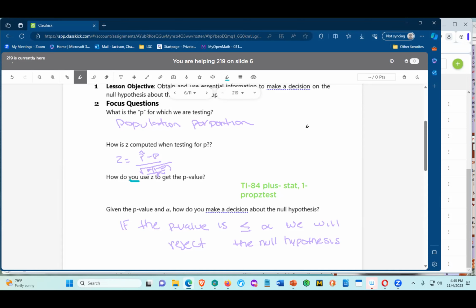The next thing is just input the values from the problem, and then calculate.